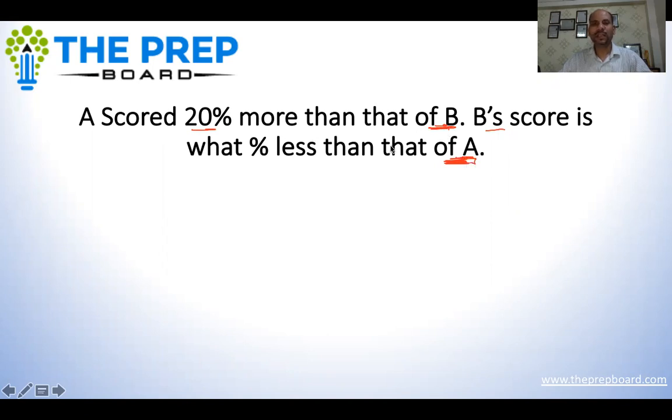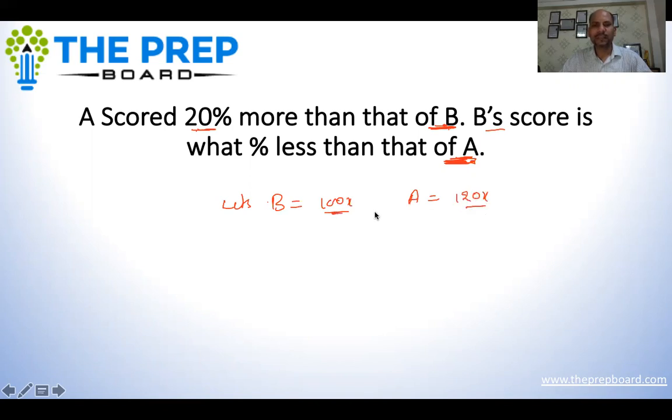So do not answer that 20%. If A is 20% more, it does not mean B is 20% less, because the reference is different. So let's see what happens. A is 20% more than B, so B is the reference. Let's say B equals 100x. Then A should be 20% more than this, which means 120x.